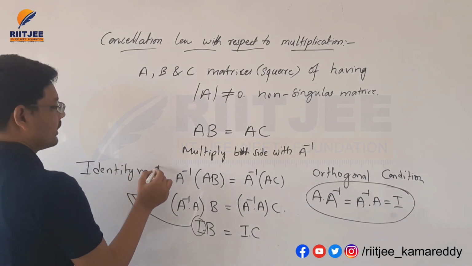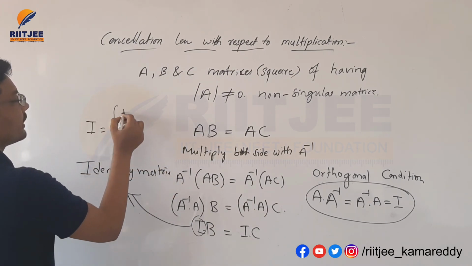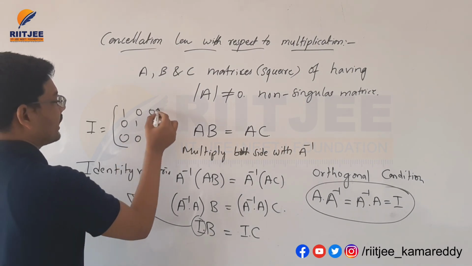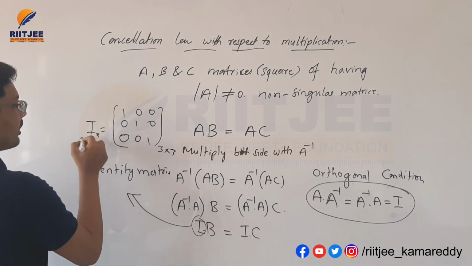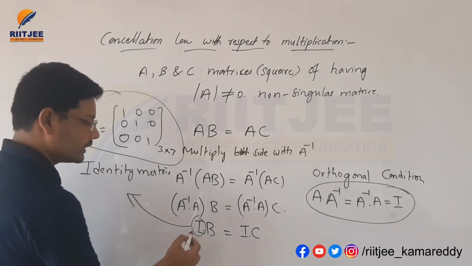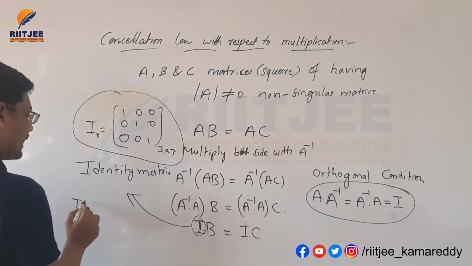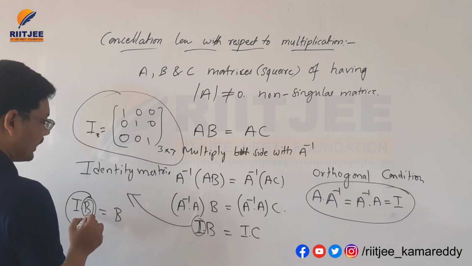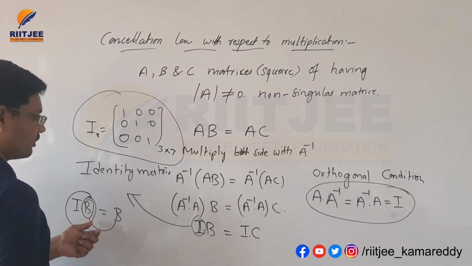Identity matrix is one having diagonal elements 1 and other elements 0. It is called the identity matrix of order 3 by 3, written I3. I am taking one example, I3 here. If you multiply any matrix with the identity matrix, you get the same matrix.